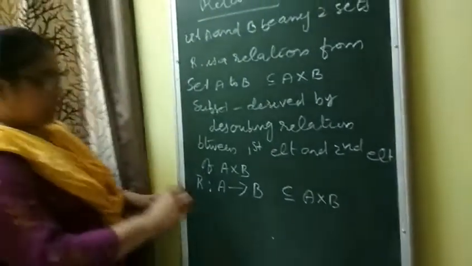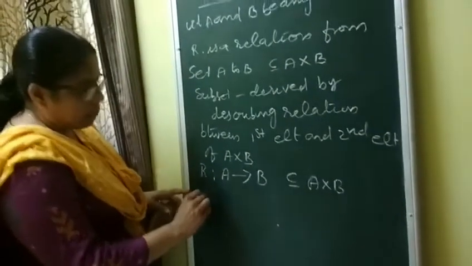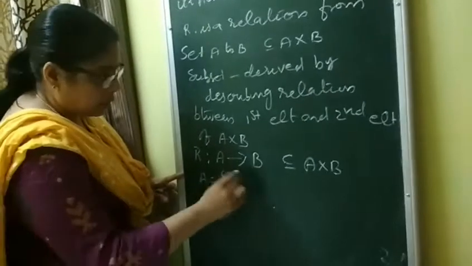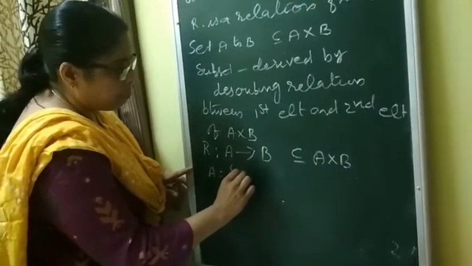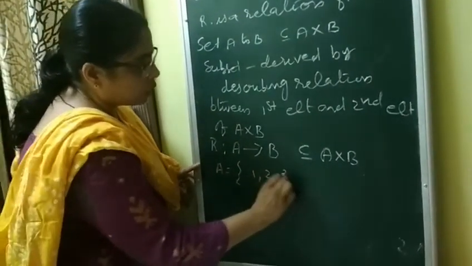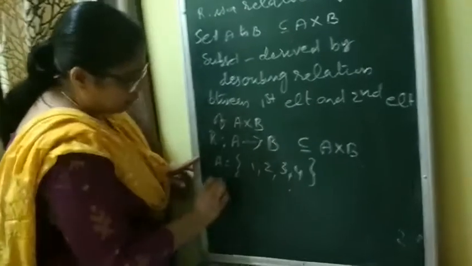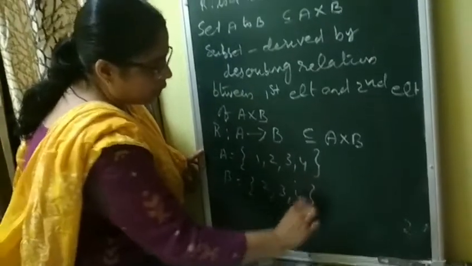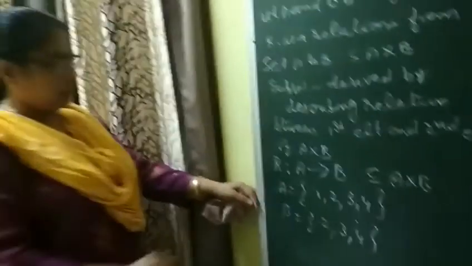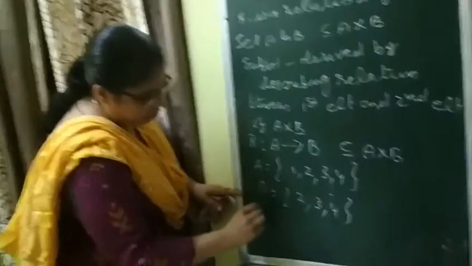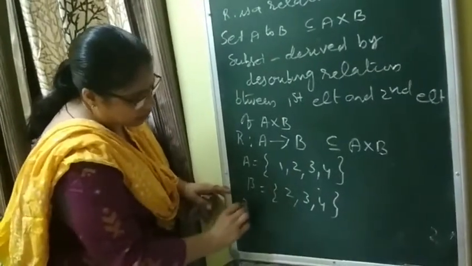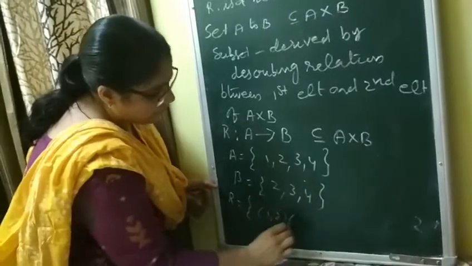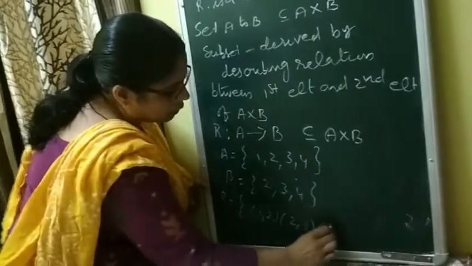For the example, I am taking a set A as 1, 2, 3, 4 and B as the set 2, 3, 4. Now I am making a relation R in this way: R is (1, 2), (2, 3), (3, 4).